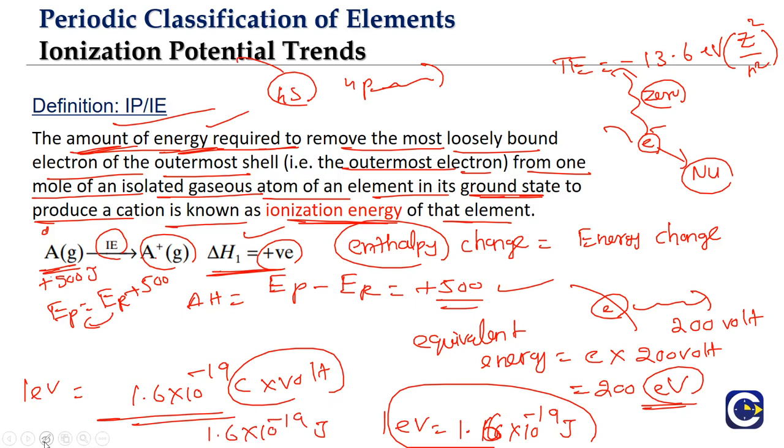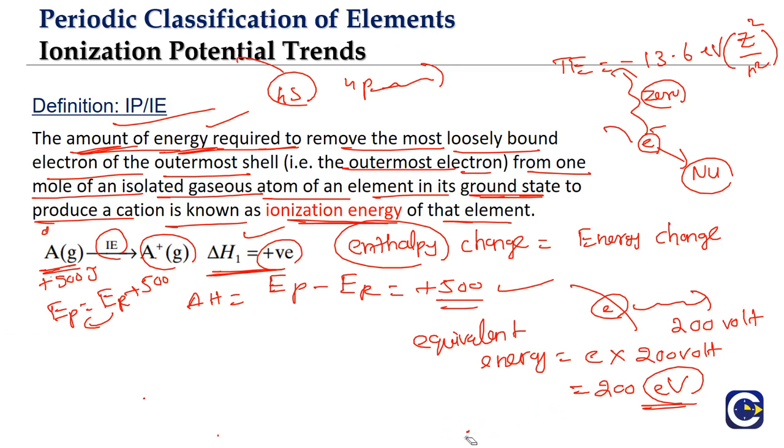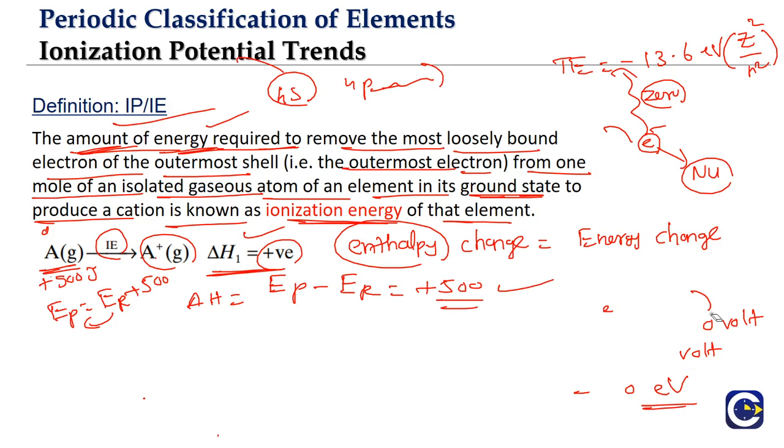So when we look at the relation, if you are applying a 200 volt potential to remove the electron, what is the corresponding energy that we have to spend? We have to spend an energy of 200 electron volt. That's the reason why we always associate the removal of electron with the applied potential.